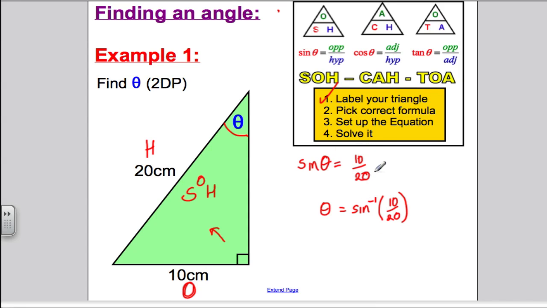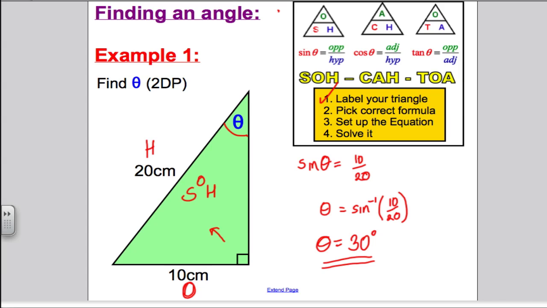On my calculator, it's usually shift sine 10 divided by 20 close brackets equals. That will get me the answer. And with a bit of luck, you got theta is 30 degrees here. We found an angle, so it's degrees.